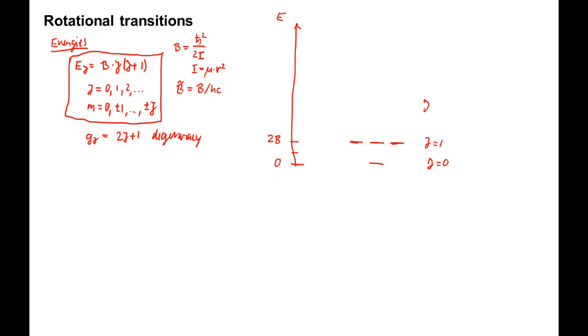For J equals 2, we get the energy of 6B, and we get a total of 5 levels. For J equals 3, we get an energy of 12B, and we get a total of 7 levels.